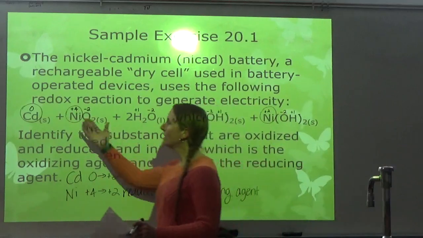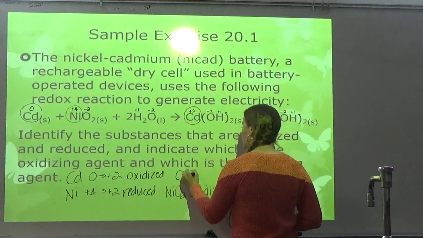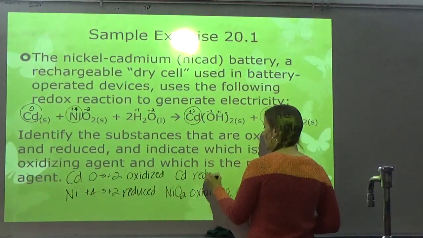And the whole reason that nickel could be reduced is because of the Cd. So Cd is my reducing agent.